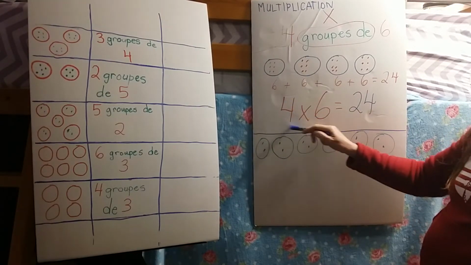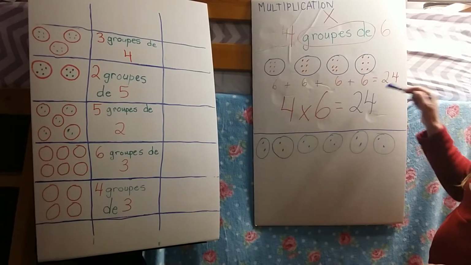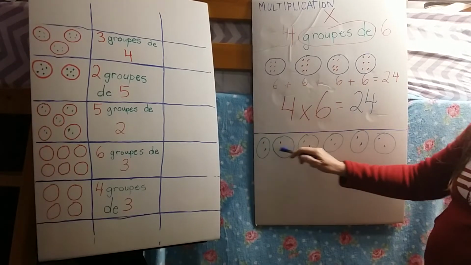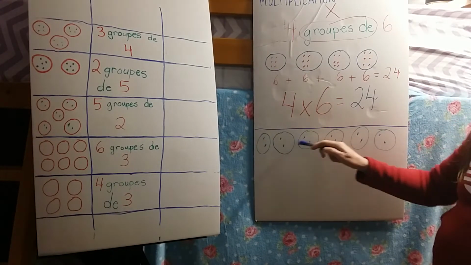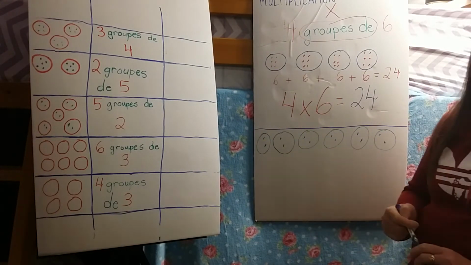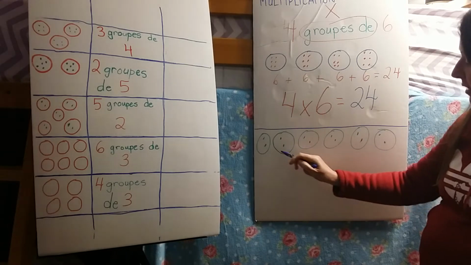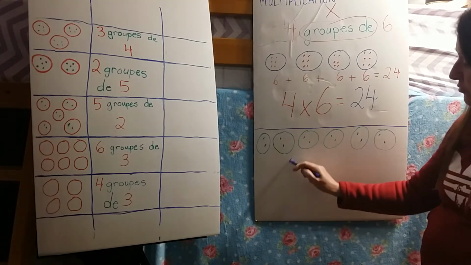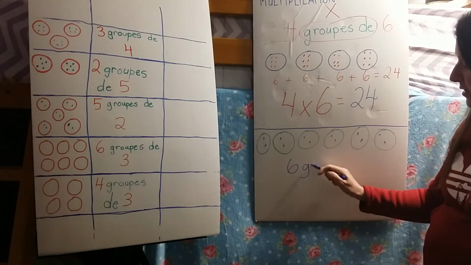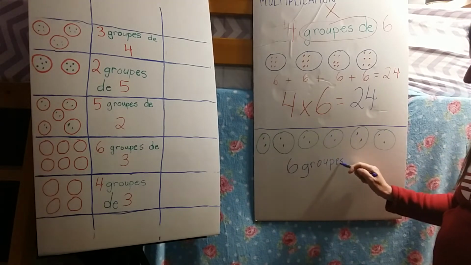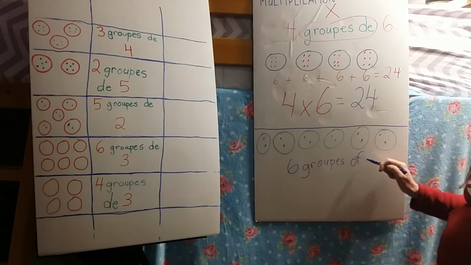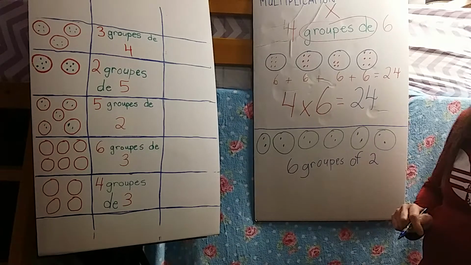And this is a much shorter way of writing all of this. Here I have some groups again. And I have the same number in each group. How many groups do I have? I have 6 groups. 6 groups of how many? 6 groups of 2.